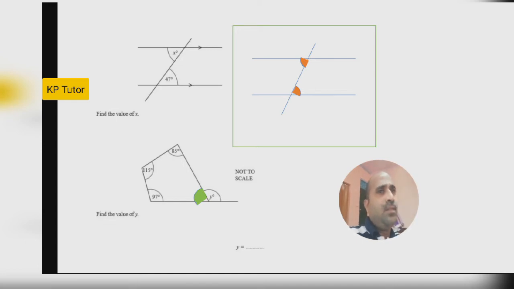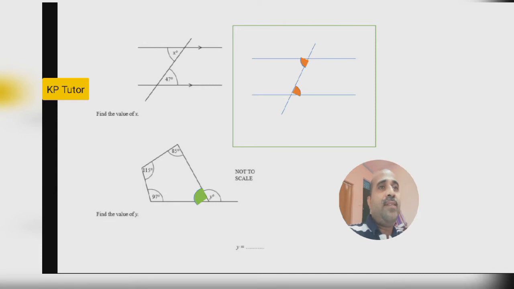Just look at the red colored angles. Which type of angles are those? We learned many types of angles. Mainly we are using one angle, that is Z angles.